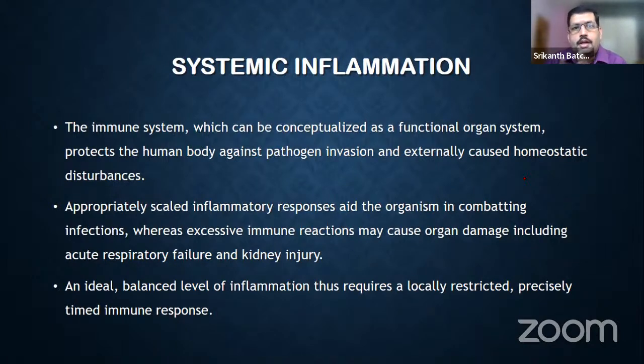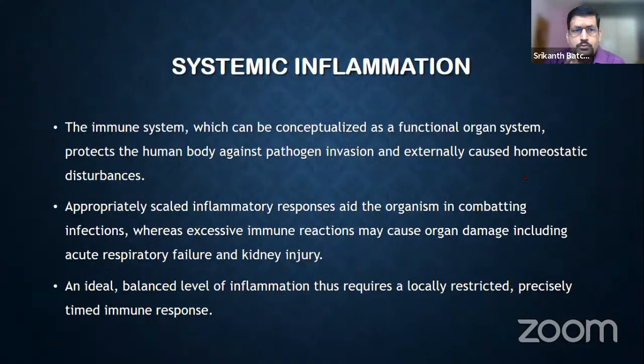But all these things have to be in perfect balance. If there is an overshoot of the inflammatory response, there will be more organ damage than protection, which is what we will be going through in this topic.